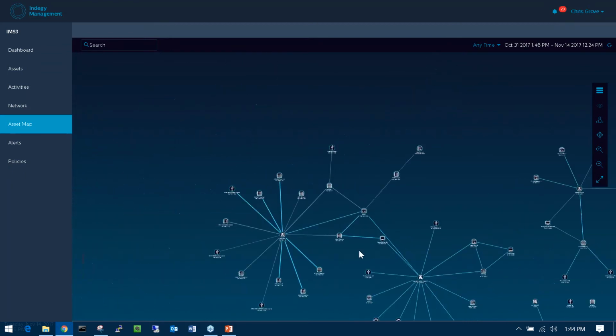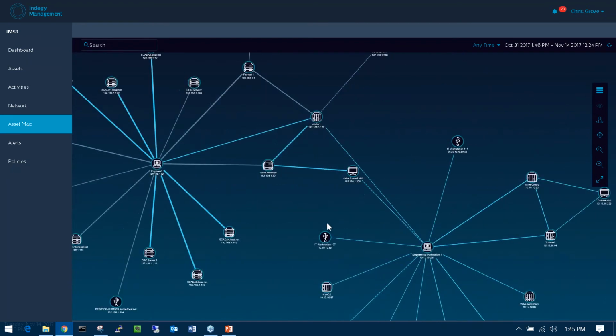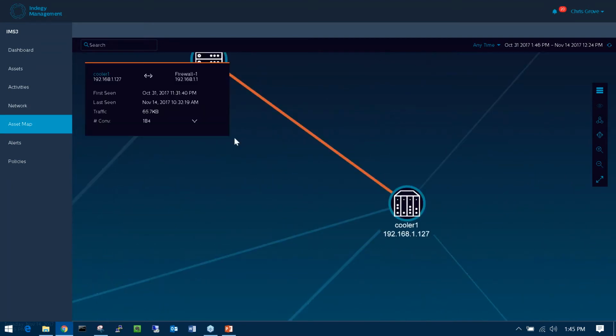So using the asset map, I am able to easily pick out several anomalies from a network standpoint. By the way, something else that we can do is click on these links to look at what types of traffic happen between these different devices. For example, between the firewall and the cooler, if I click on this, I want to see what language these guys talked.